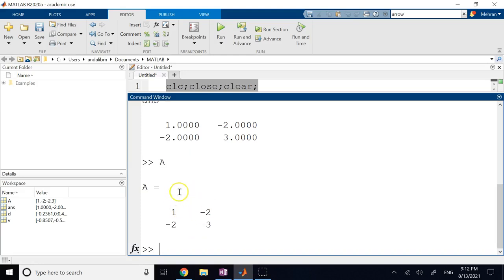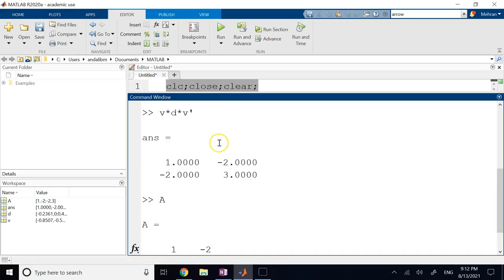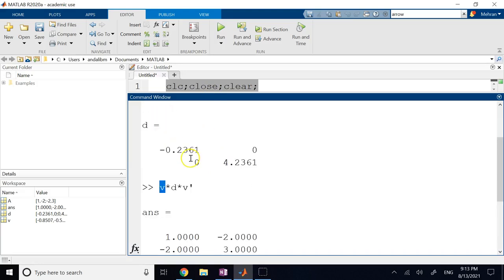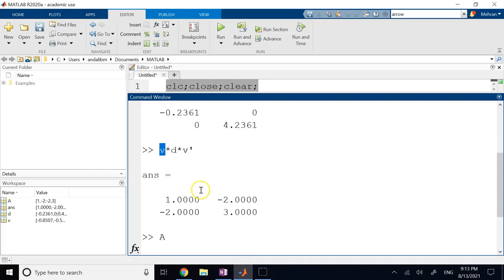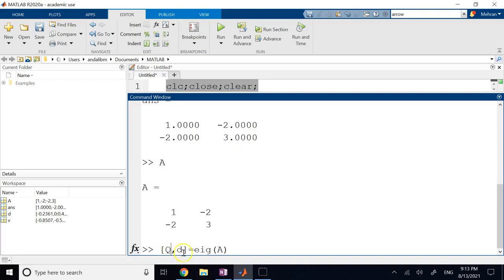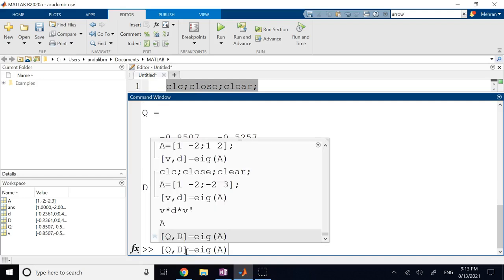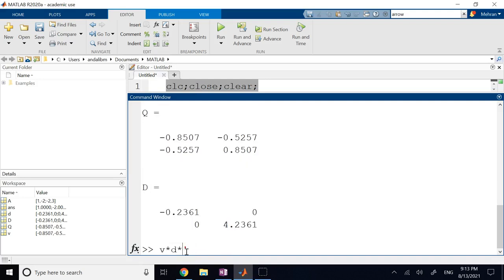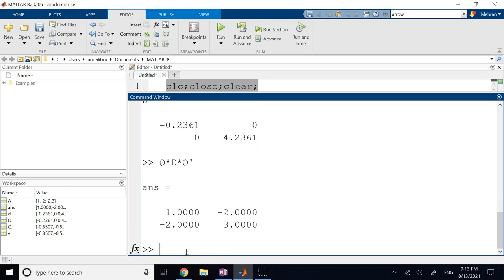So I can write A as Q, which in this case is the same as matrix V, and D and V transpose. So when you do the eigenvalue decomposition, instead of calling it V and D, I can call it Q and capital D. And now, what is Q times D times Q transpose?